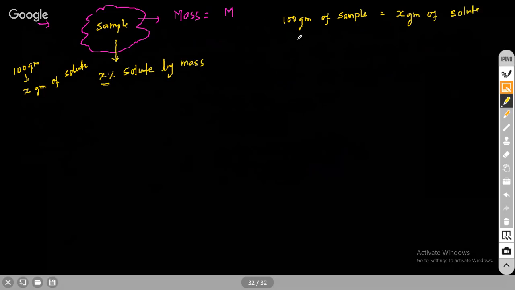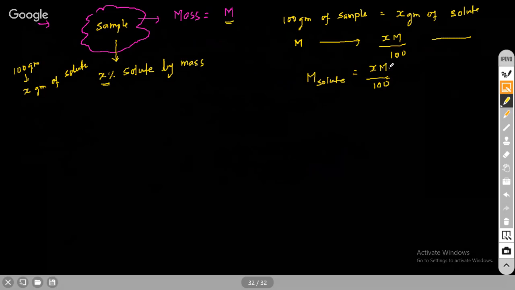So in m gram of sample, because we are taking the mass of the sample as m gram, the mass of the solute will be x into m divided by 100. So the mass of solute present in this m gram of sample equals x into m divided by 100.